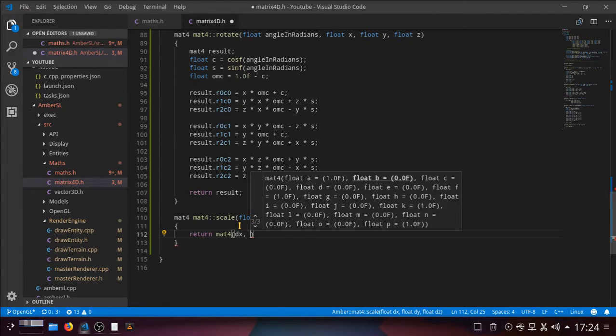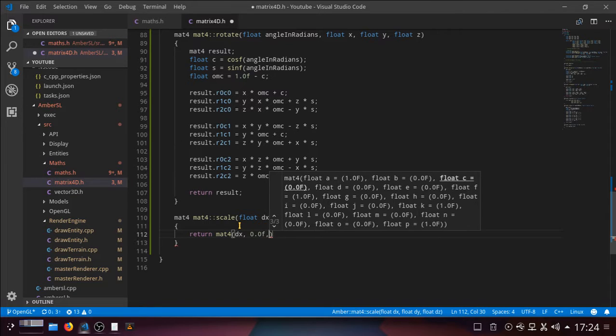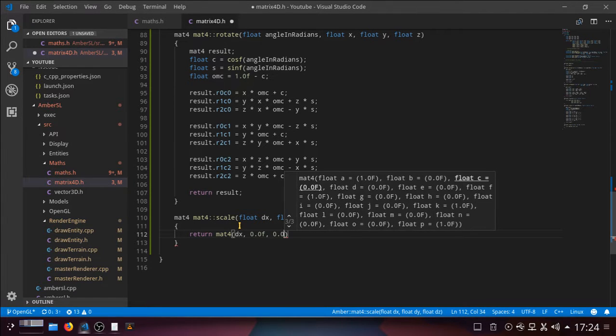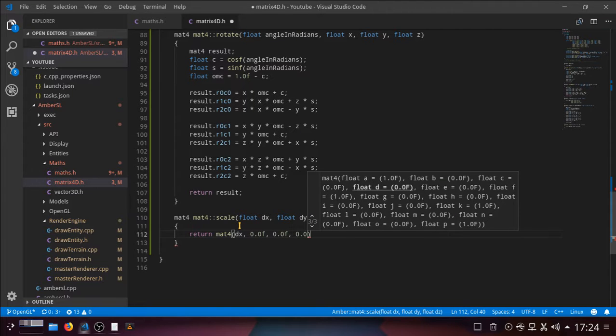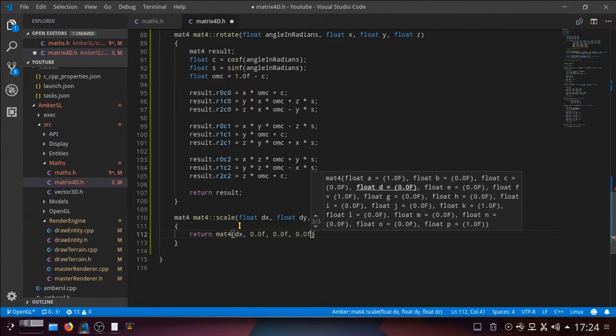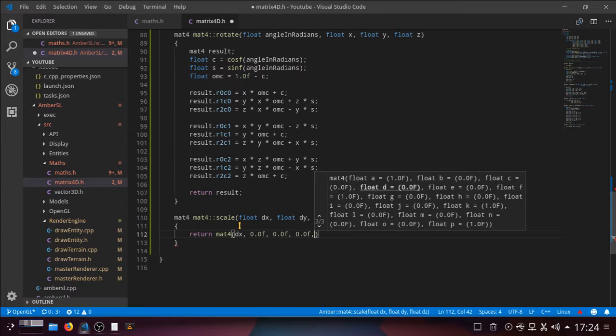Come on, up it, 0.0f, comma, 0.0f, comma, 0.0f. We only want the dx there. That's right, because we are creating the scaling matrix. That is correct. Comma.